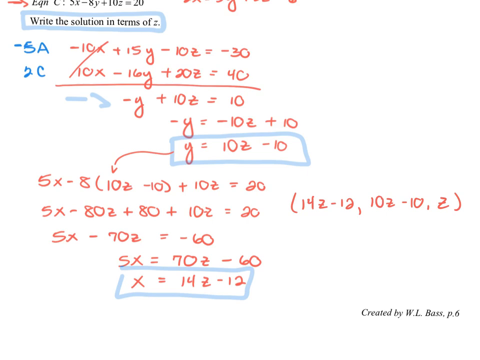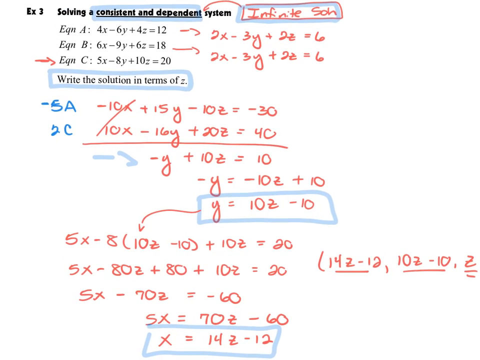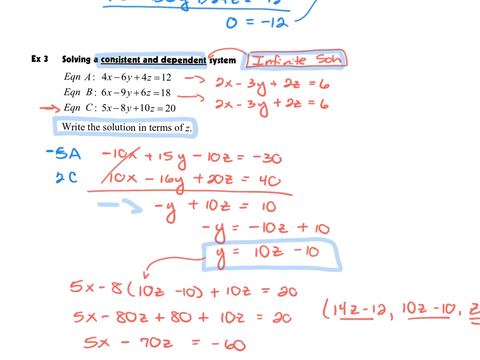So that's how they'll write their triple. This was the x, this was the y, and everything was in terms of z. That's usually the hardest part for students. Just remember, if you didn't see in the beginning it would have been an infinite solution, you would have had to go through the algebra to get down to some type of an always true statement before you would know to do this.